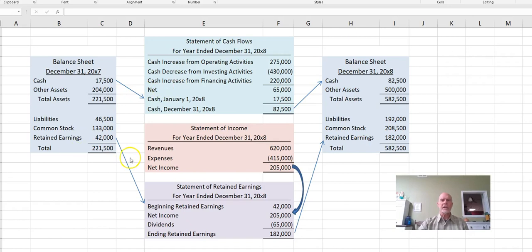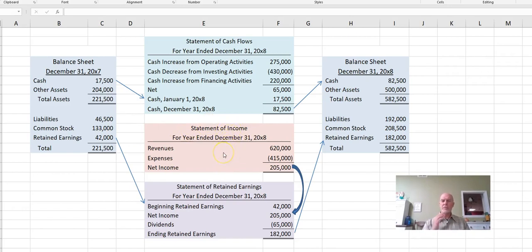Here you have a set of financial statements beginning with a balance sheet at the end of year 7, as of December 31st, 20X7. It tells you the status of the accounting equation, the assets, liabilities, and owner's equity at the end of year 7. And then as we get into year 8, we have an income statement.